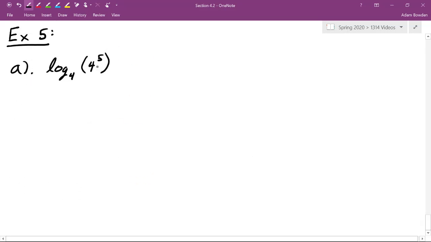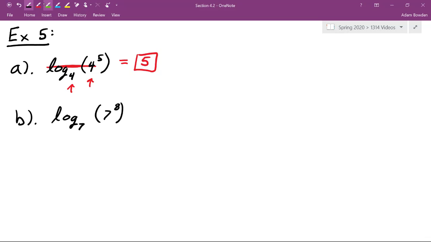Now here's where the cancellation properties can show up, something like log base 4 of 4 to the 5th power. Since the bases are the same, here the 4 and the 4, those are the same number, this whole thing will cancel, leaving us with just the 5. Log base 4 of 4 to the 5th is just equal to 5. So what would we say log base 7 of 7 to the 8th power would be equal to?